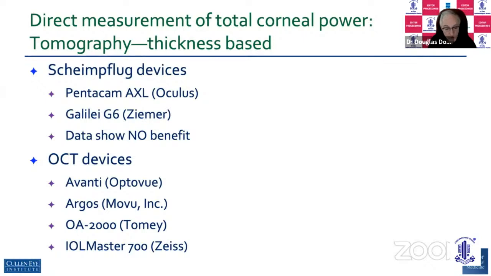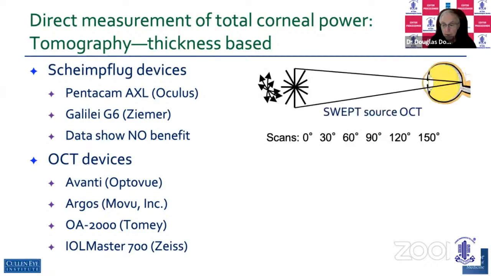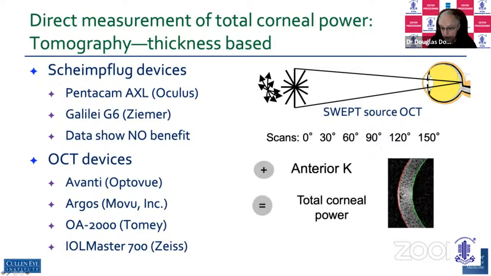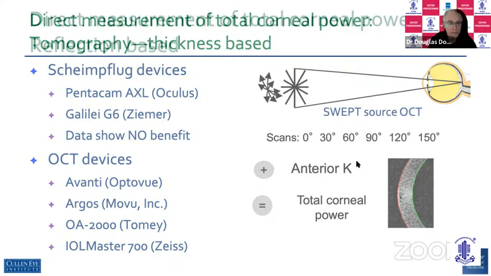It's going to be really exciting to see what it comes up with. And we already heard that the IOL Master 700 measures at 6 meridians and it adds the total corneal thickness to the anterior corneal curvature in order to get total corneal power.